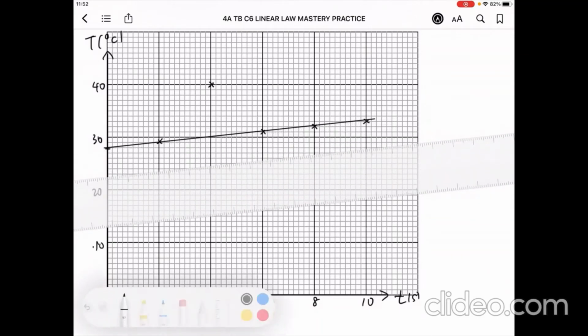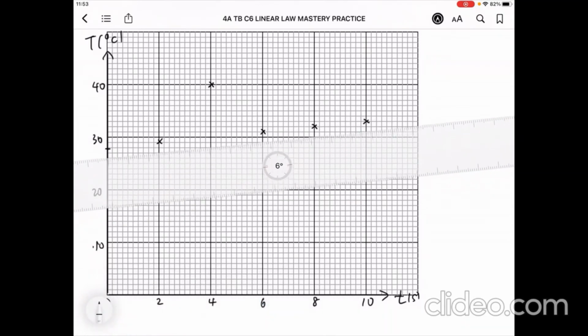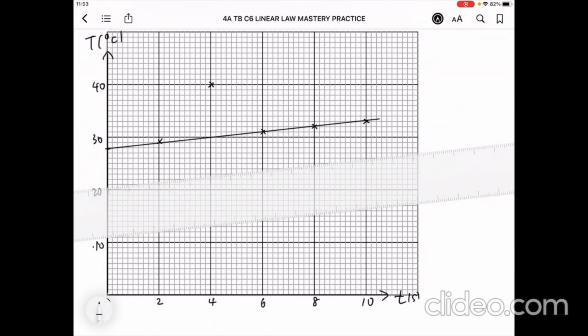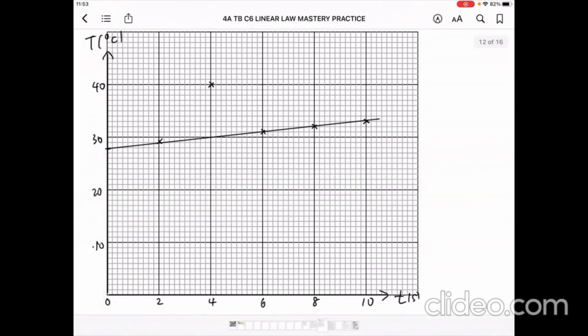I think I need to tilt it a bit and keep the angle a little bit smaller, maybe at 6 or 5. Let's see, how about this? Okay, this is better.